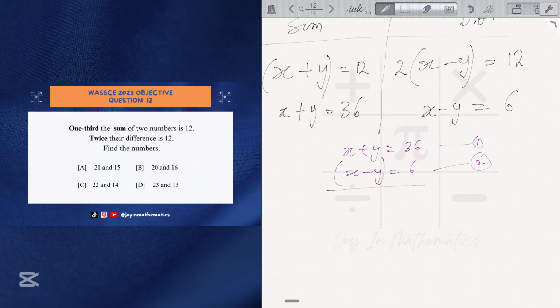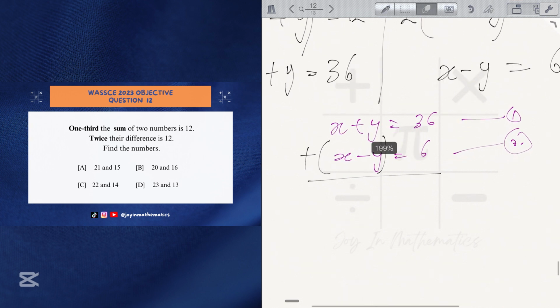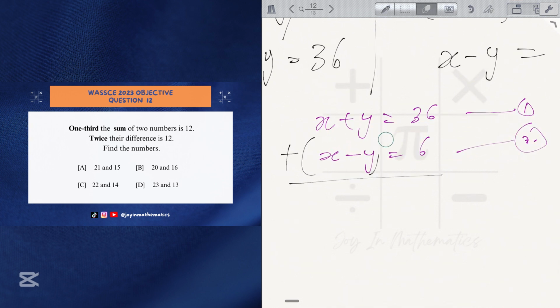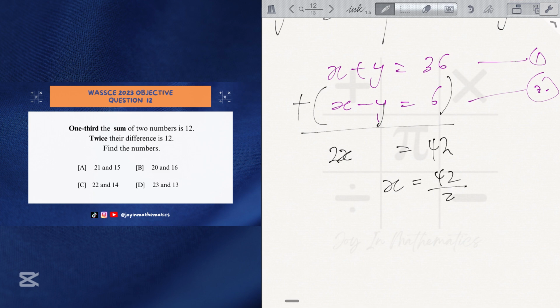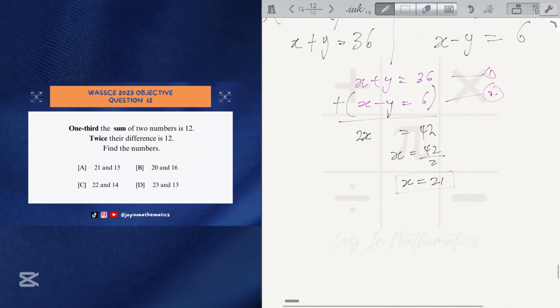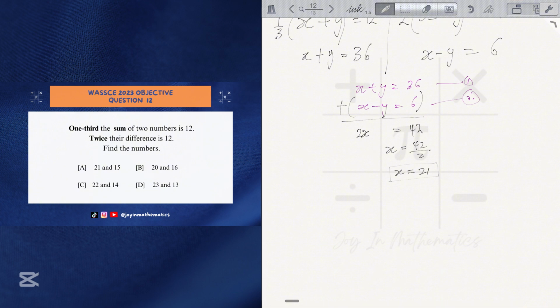Let's add equation 1 and equation 2 together. So adding equation 1 to equation 2, we have 2x is equal to 42. So x will be equal to 42 divided by 2, so we have x equal to 21. Now that we have found the value of x, we can also solve for y.